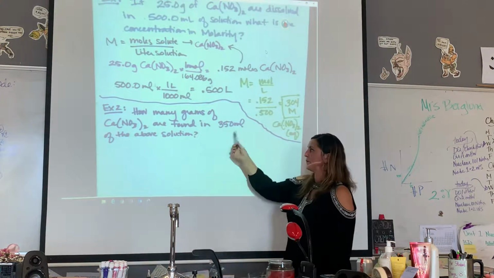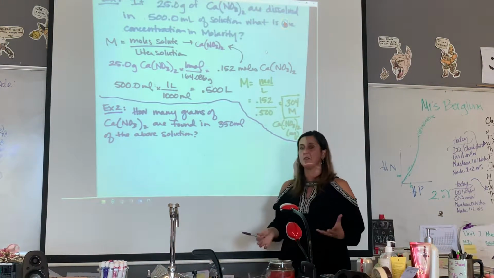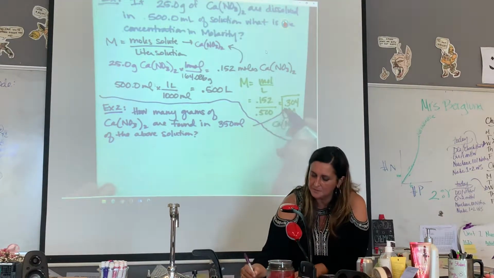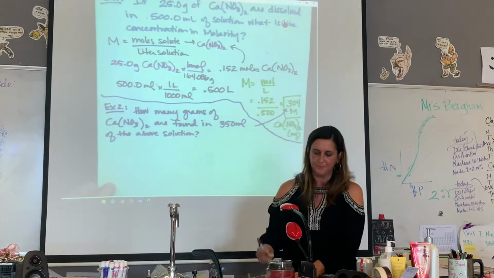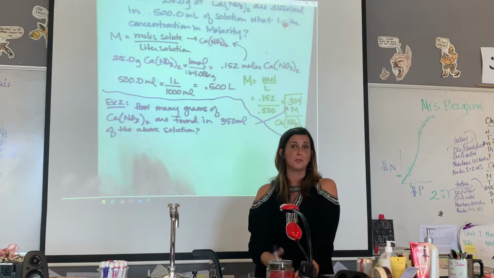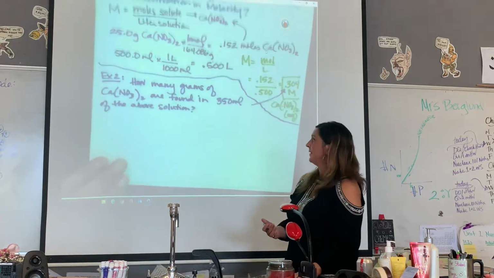So we have 350 milliliters of this solution with a certain concentration. We know the concentration is 0.304. And if we want to find grams of the calcium nitrate, of course we have to know the moles first.